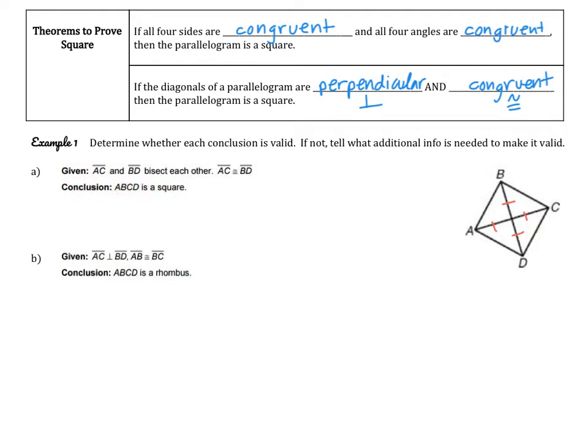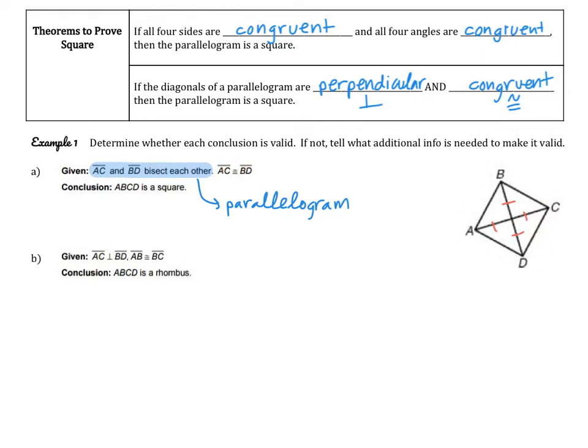So remember, when we say that the two diagonals bisect each other, this is a property of a parallelogram. So it does prove that the quadrilateral is a parallelogram.